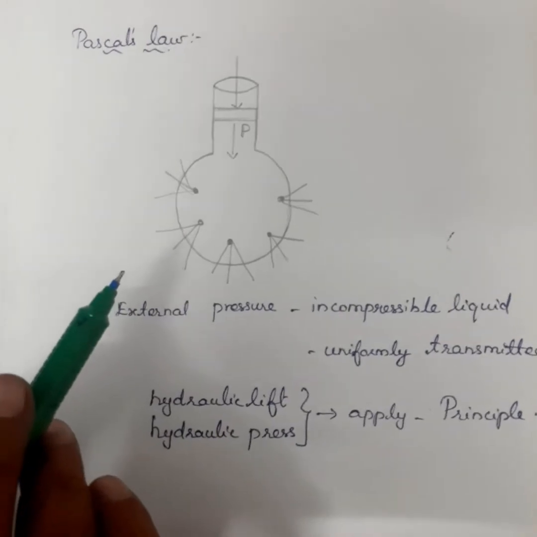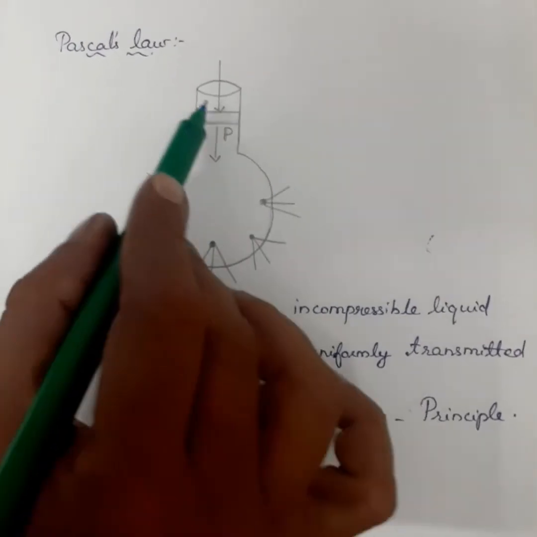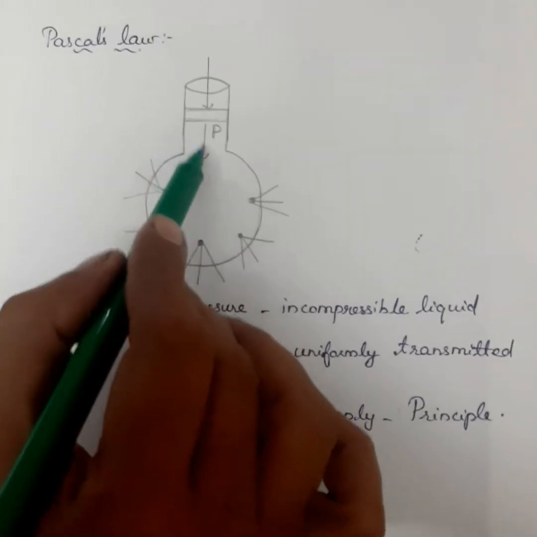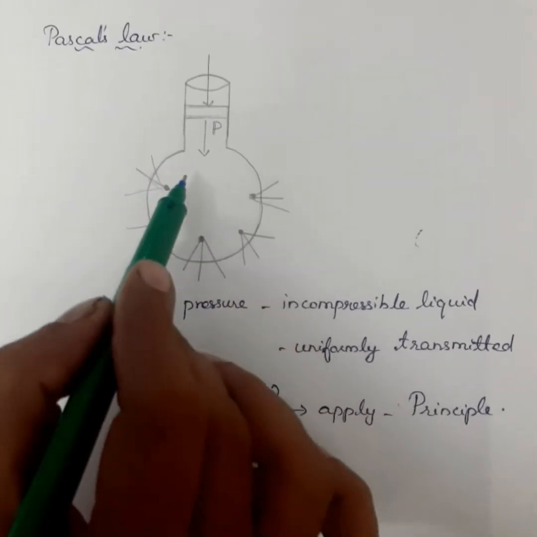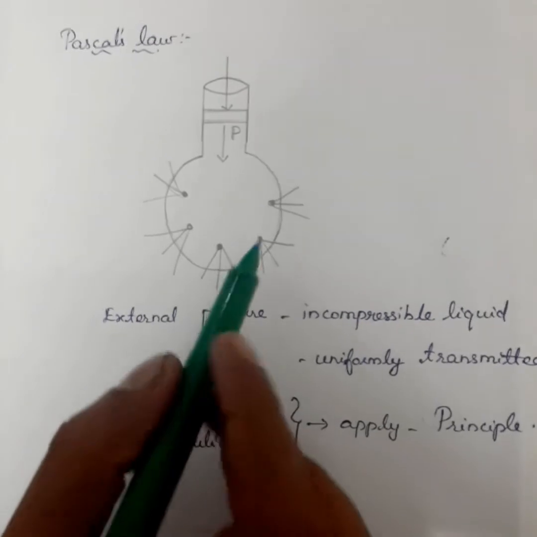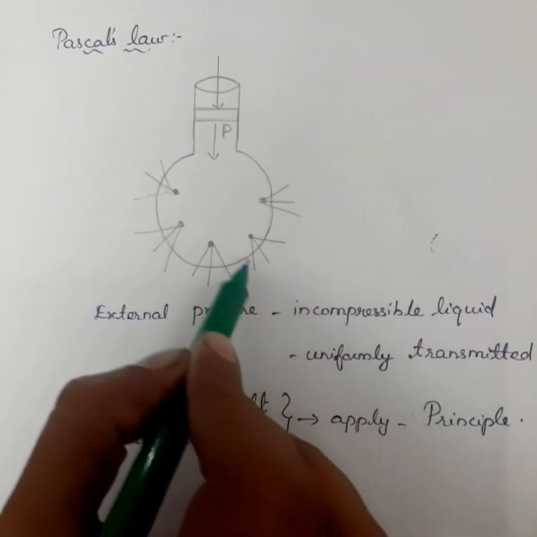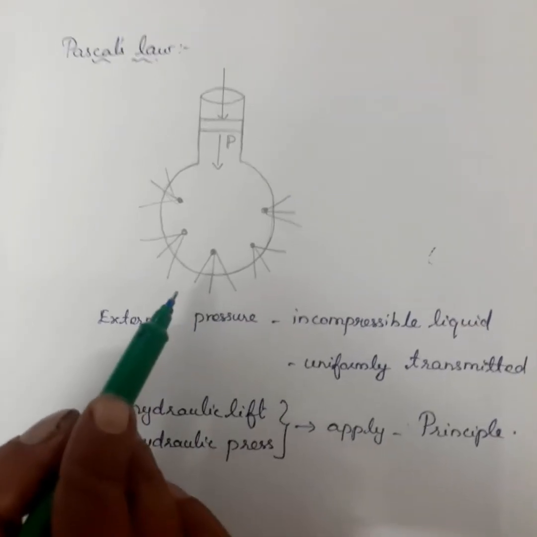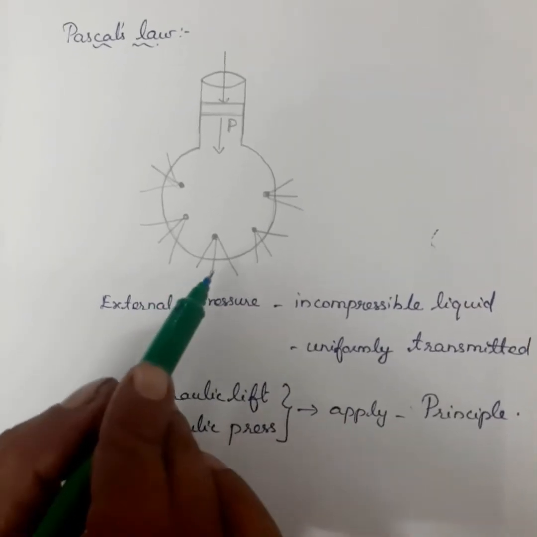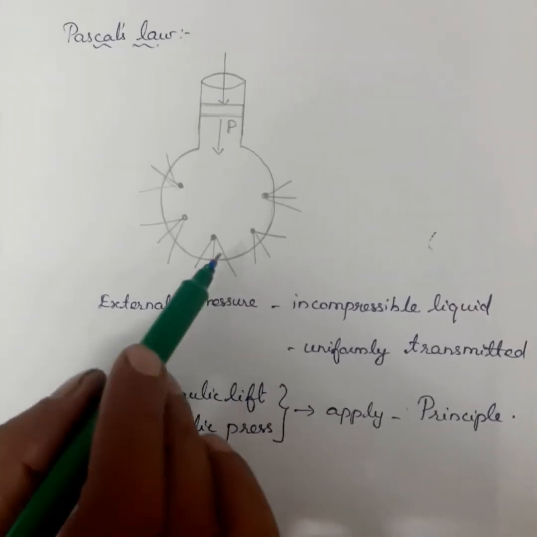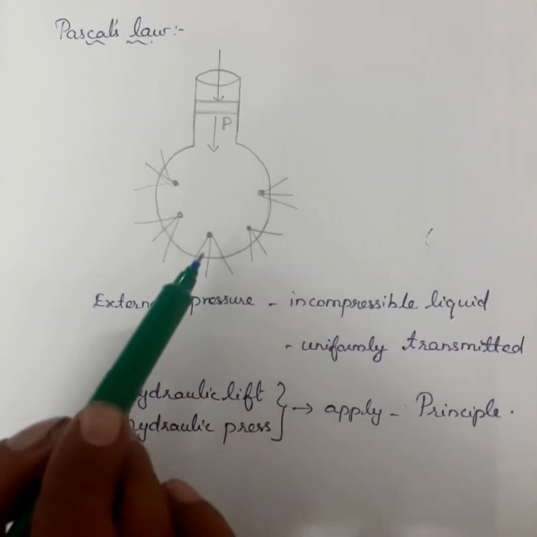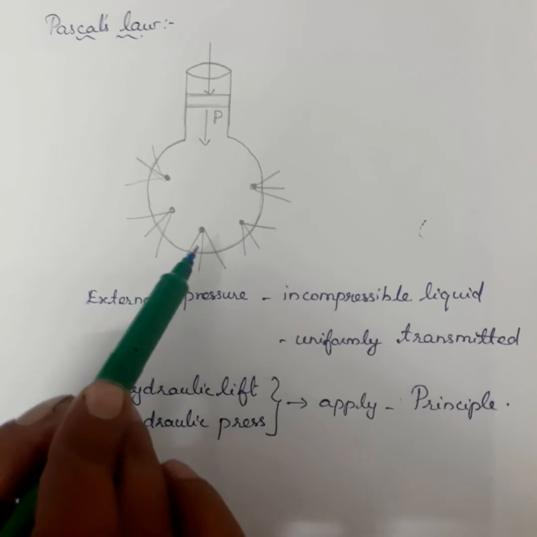So if some pressure is applied at any point of an incompressible liquid, then the same pressure is transmitted to all the points of the liquid and on the walls of the container. So the pressure at any point in the fluid is equal in all directions.